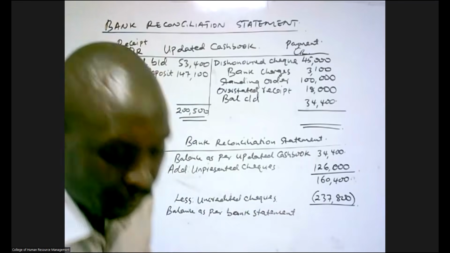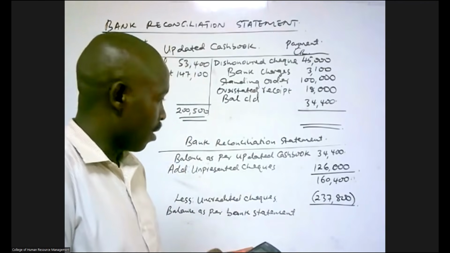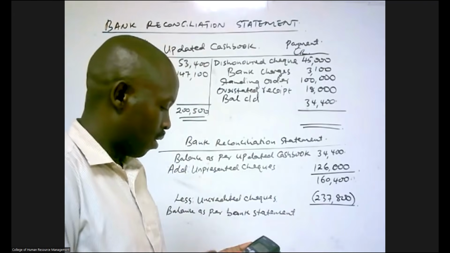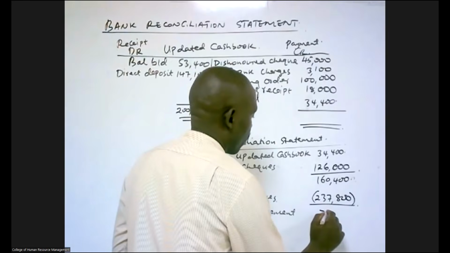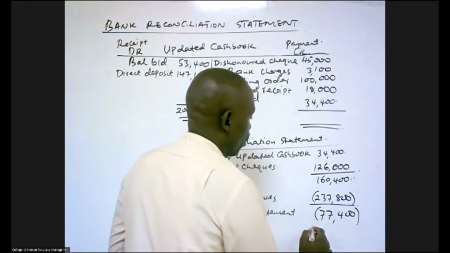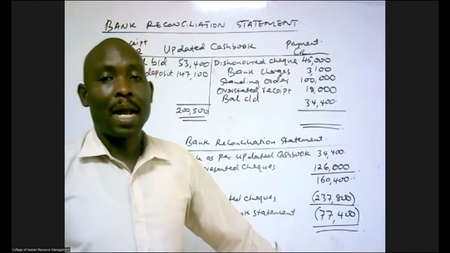So when you do that difference, 160,400 minus 237,800, you get negative 77,400. You can put it into brackets to signify the negative bank balance.